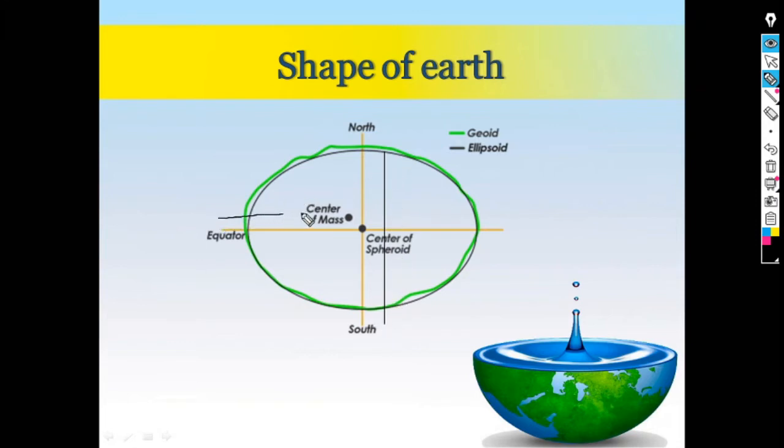Same for your latitude and same for your longitude. This line is running on the backside of the earth, which is not visible in this two-dimensional diagram, and it is coming back, so it makes a loop. It is one latitude and this will be your one longitude.